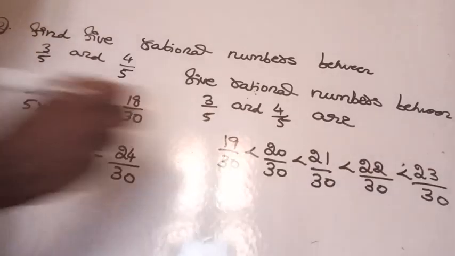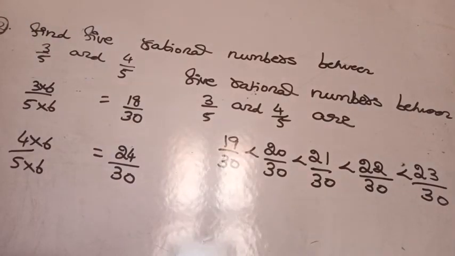So these are the 5 rational numbers between 3 by 5 and 4 by 5. Are you getting it? Yes.